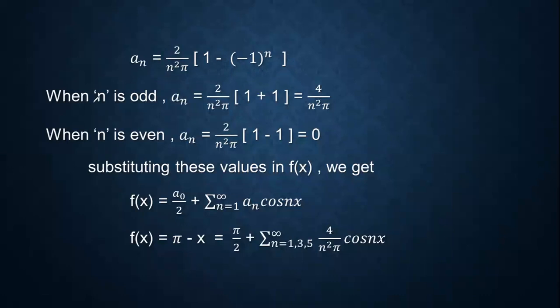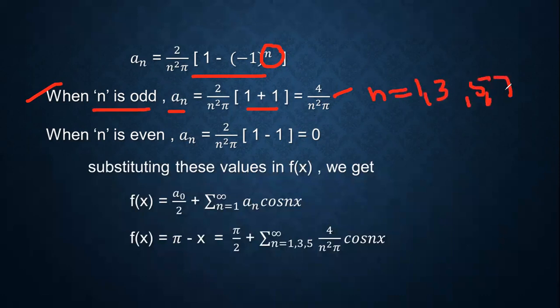Now we have to test for the n values. When you substitute n as odd values, you will get 1 minus of minus 1, that is 1 plus 1. You will get the final an value as 4 by n square into pi, when n is equal to 1, 3, 5, 7, for all odd values. This internal term will always be 2, 1 plus 1 only.